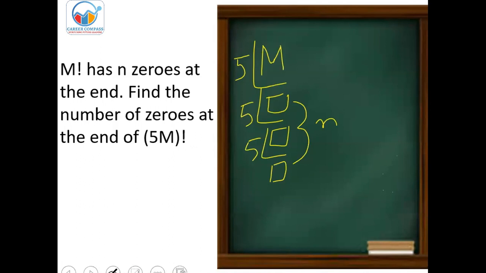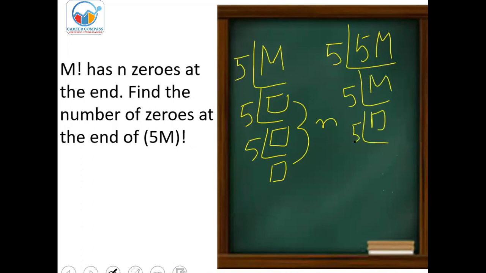What about the number of zeros at the end of 5m factorial? Then I would divide 5m by 5, no? The first time I divide, I'll get m. Then I divide it again, I'll get the same stuff as the last case, and I already know the addition of all these will be n.